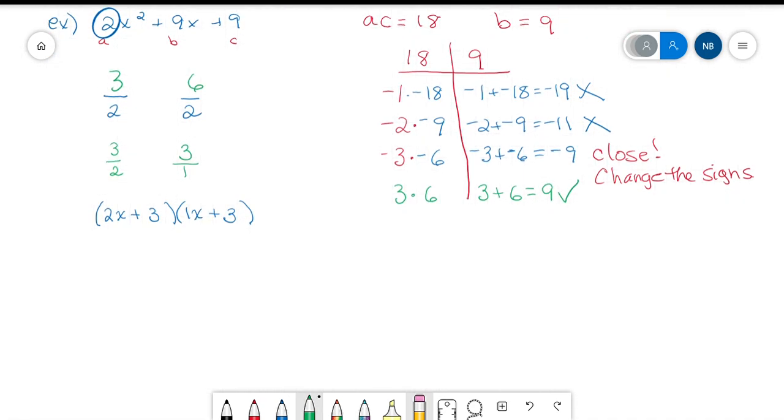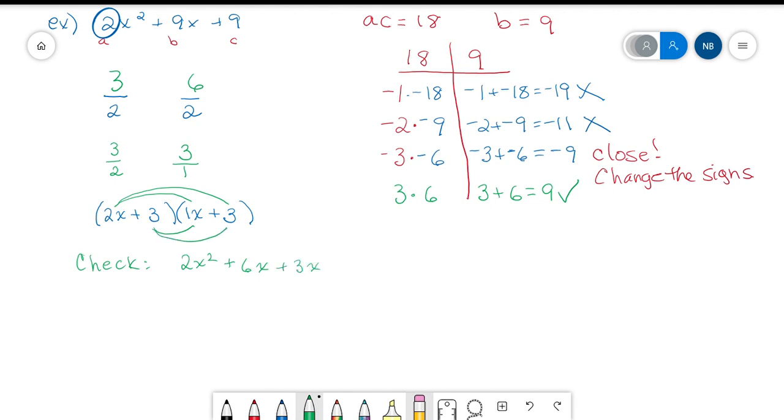Now we are going to check, because anytime you learn a new skill, you want to be super careful to check your answers. 2x times 1x is 2x squared. 2x times 3 is positive 6x. 3 times 1x is positive 3x.